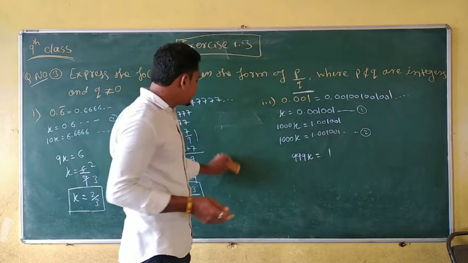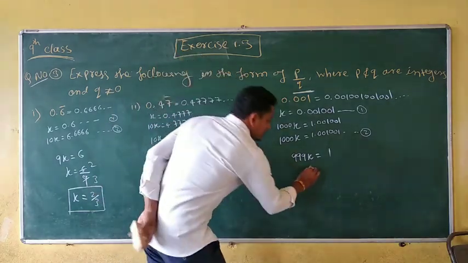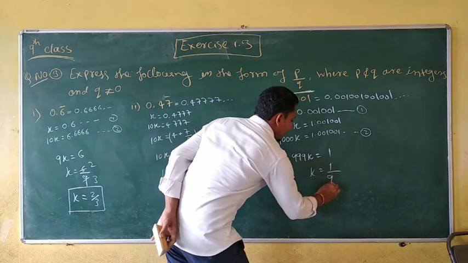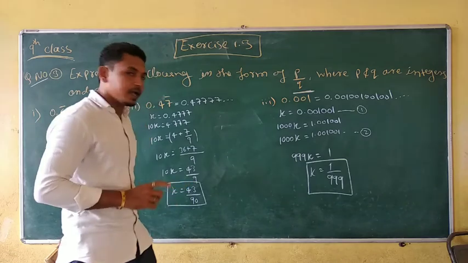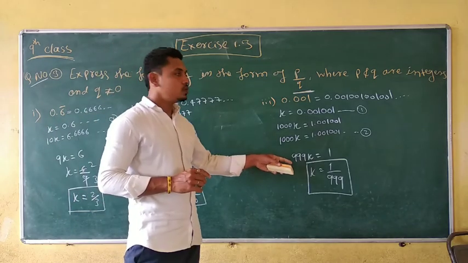Now we can easily find the value of x. x is equal to 1 divided by 999. It is also in the form of p by q and q is not equal to 0.